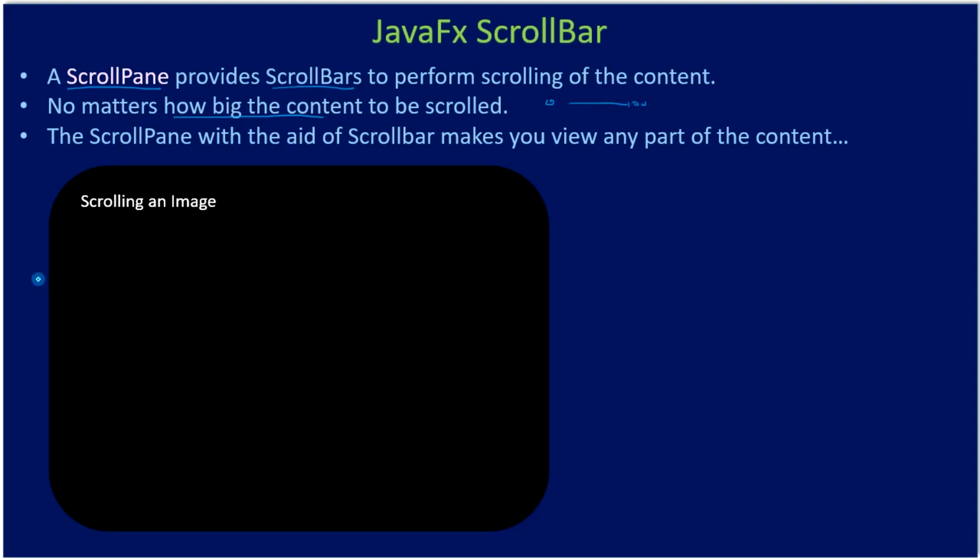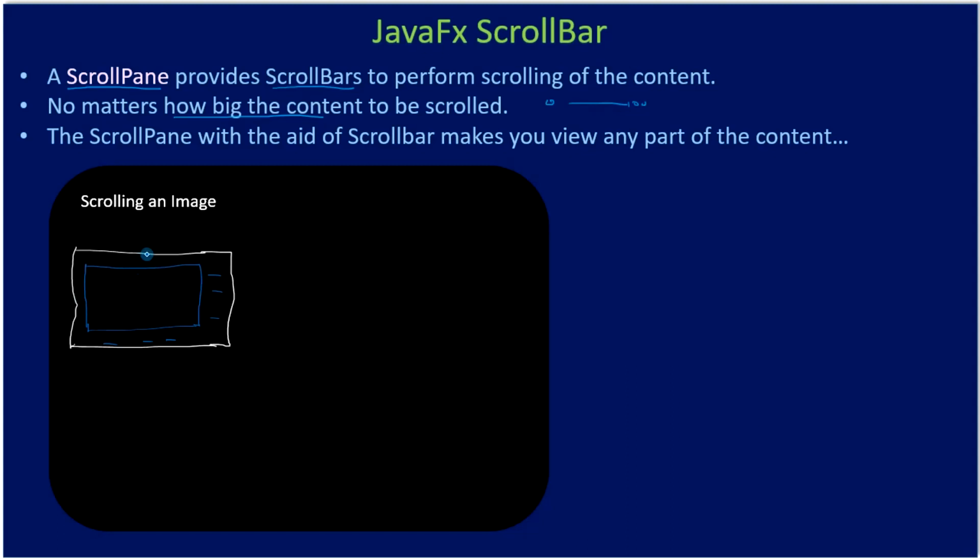Let's state this is your stage and this is your ScrollPane. So inside a stage you can decide how big the ScrollPane will be so that you can put other controls and you can show the stage.